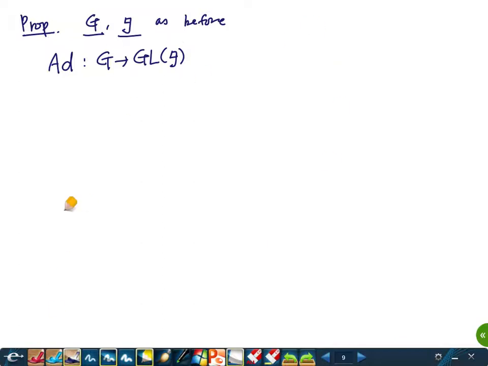Because once we have A here, this gets mapped to Ad_A. But this is an invertible matrix, invertible linear transformation, so it is in GL(𝔤). Okay?